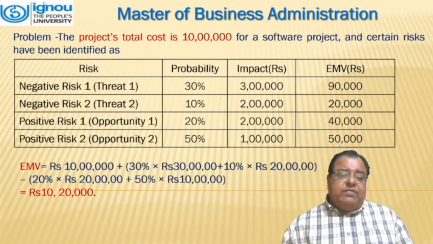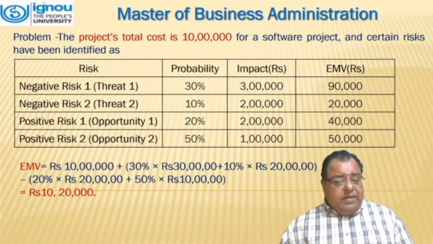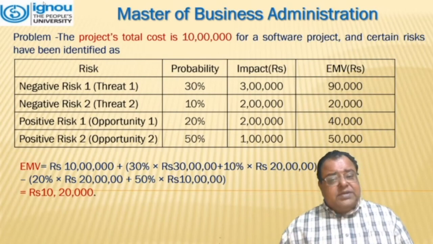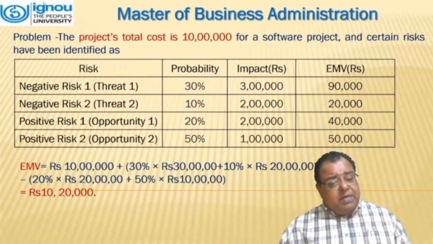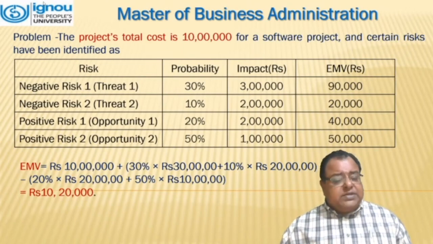The second one is negative risk, threat two, 10%, 2 lakh rupees, EMV is 20,000. Positive risk, that is opportunity one, is 20%, impact value is 2 lakh rupees, EMV is 40,000. And similarly for positive risk 2, that is opportunity 2, 50% is the probability, 1 lakh is the impact, and 50,000 is the EMV.